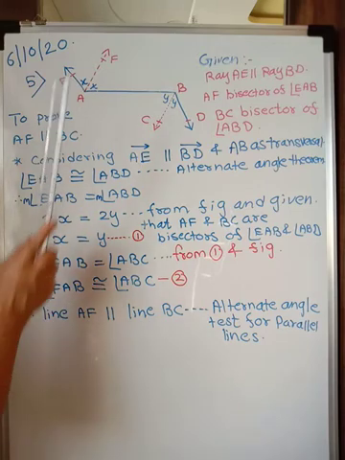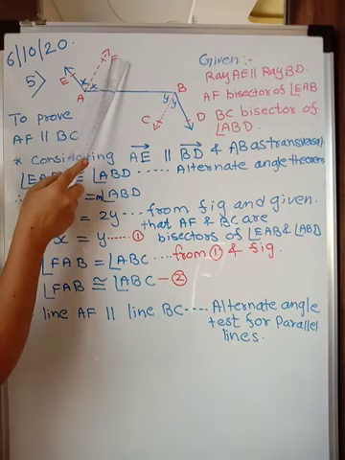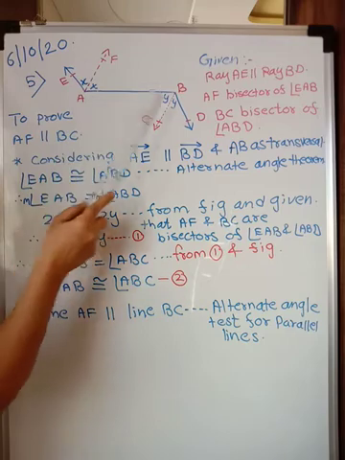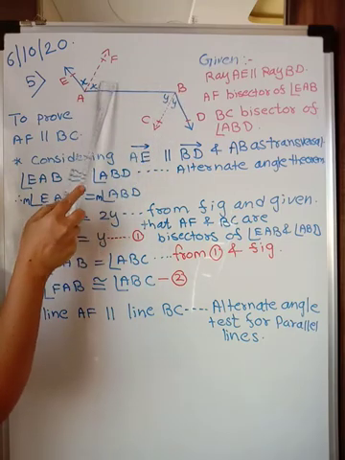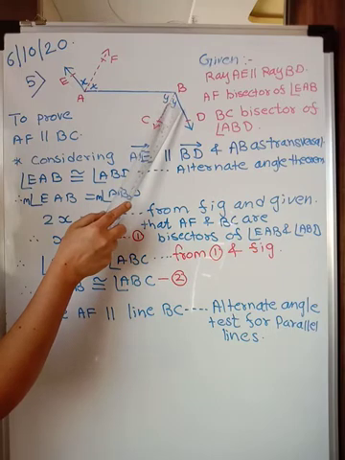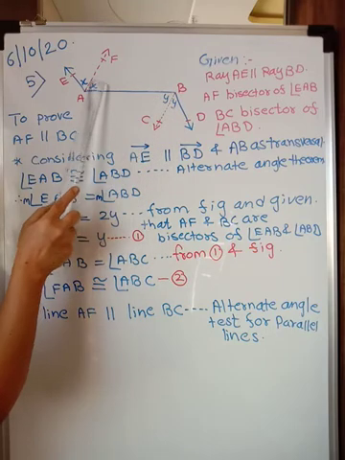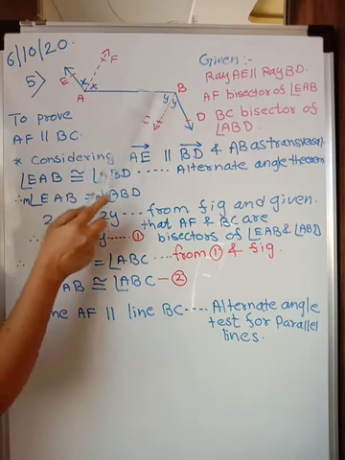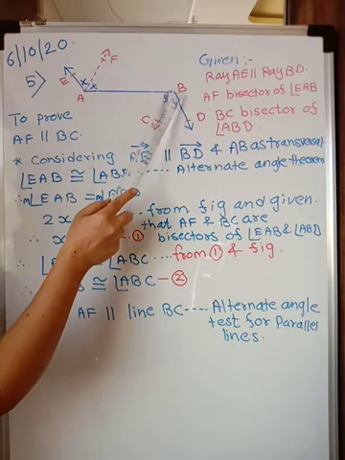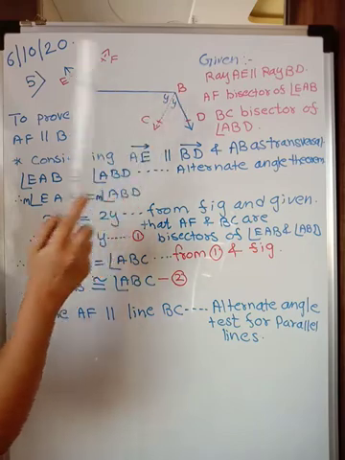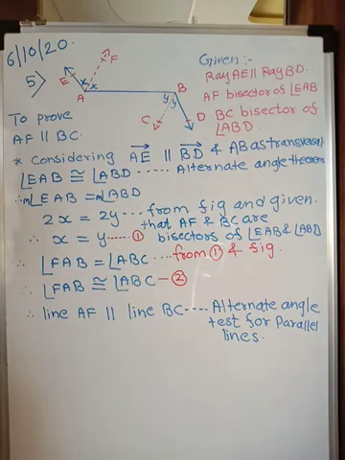Now consider angle FAB and angle ABC. Can you see these two angles? These two angles are alternate angles if you consider AF and BC as lines and AB as transversal. Are you understanding me, everybody?